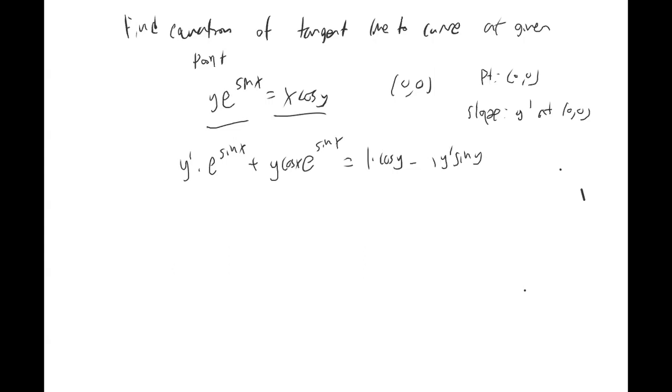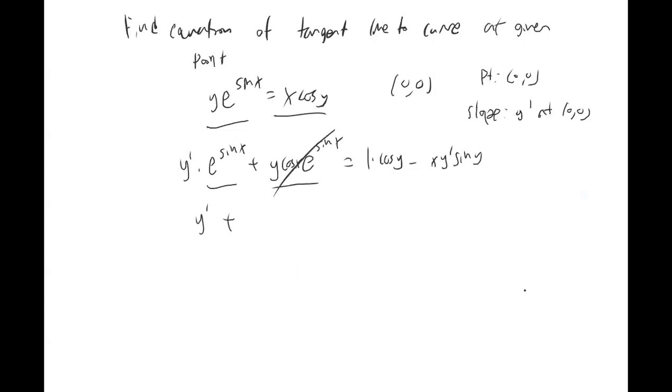And this is actually easier: instead of solving for y prime, plug in 0, 0 to make your life easy. This is y prime. This is e to the 0, because sine of 0 is 0, so e to the 0 is 1. This goes away because y becomes 0.